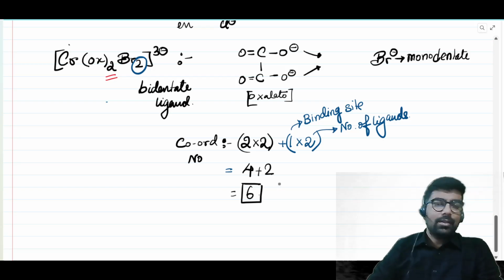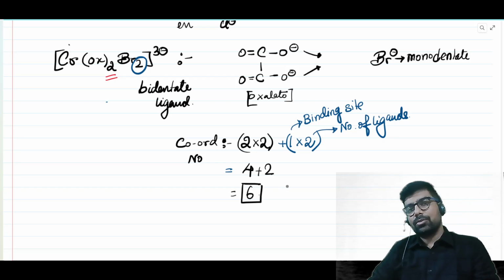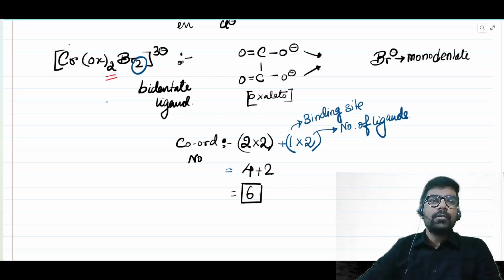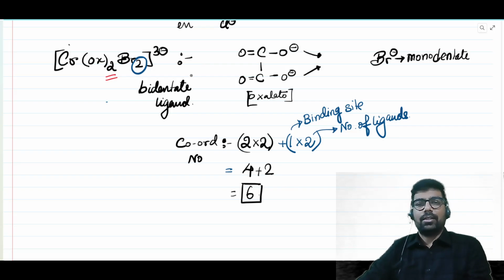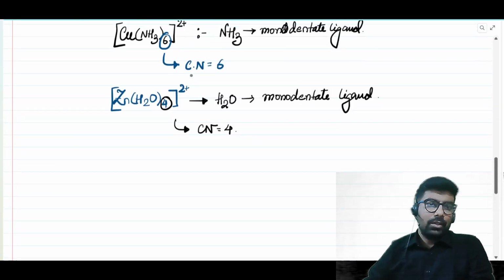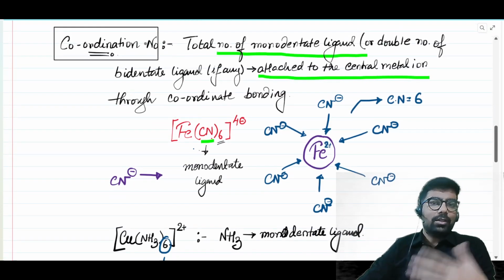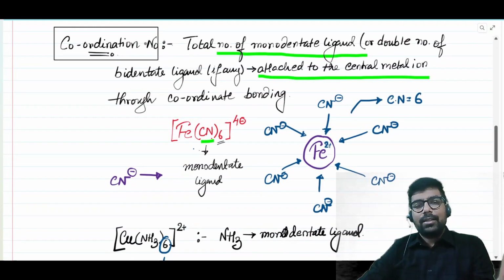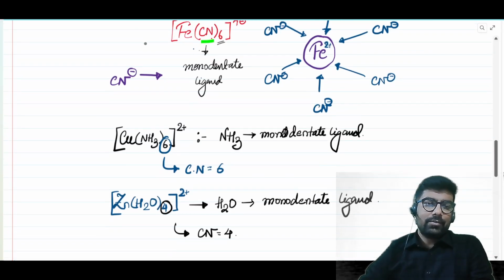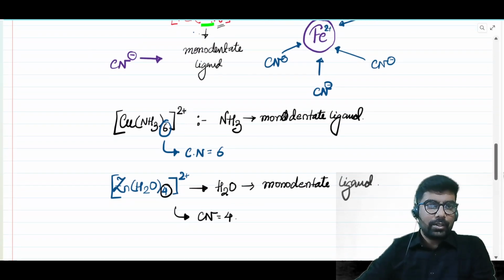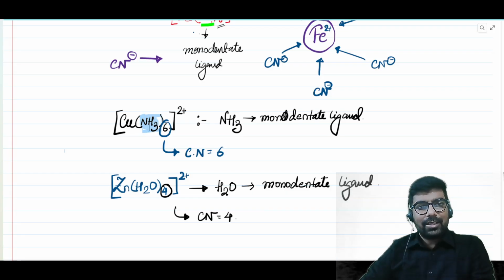Clear? I think everybody has no doubt about this. How to find the coordination number we have done. If all the ligands are monodentate, then simply the number of ligands is equal to the coordination number. Over here we have seen NH3, a monodentate ligand.